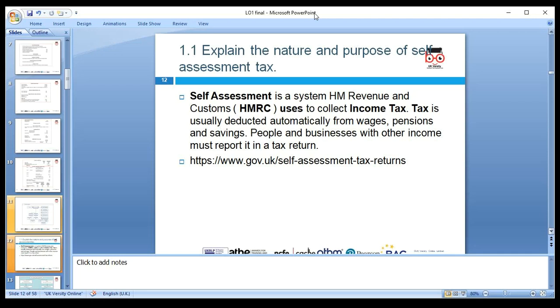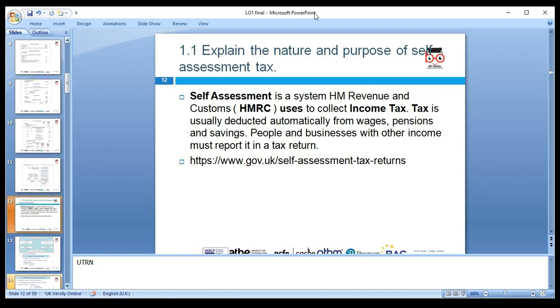So if you're registered, you have a UTRN number. Do we know what UTRN is? Yes, unique tax reference number. So you have to be registered with HMRC for a UTRN number, and then of course you can submit your online tax return as well.